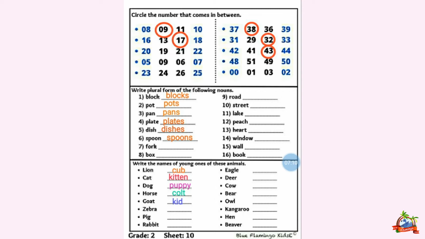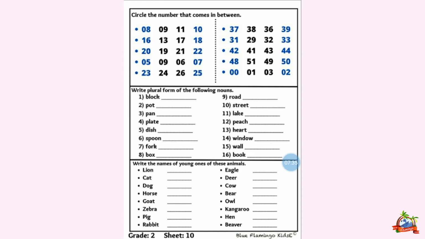N I N E T double E N. 19. 20. T W E N T Y. 20.